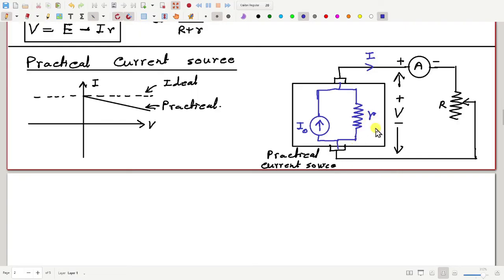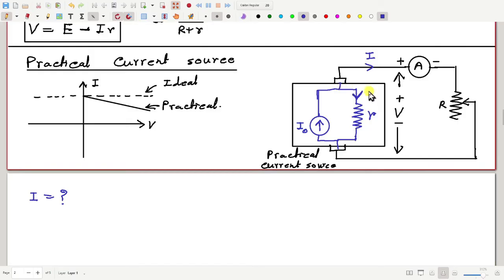Call it R. Now let us see what is the relation between this external current and I naught as a function of the voltage V. How much will be I? Before that, how much is this current here?